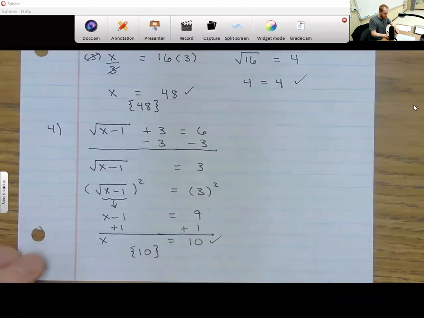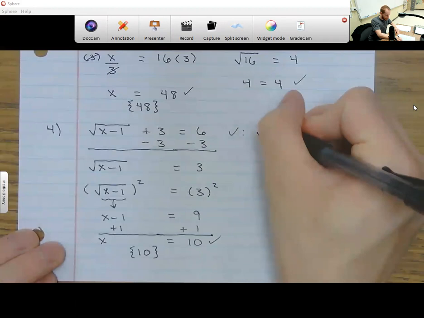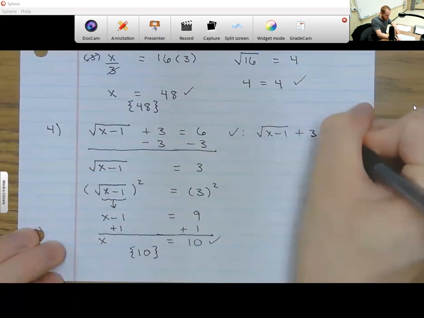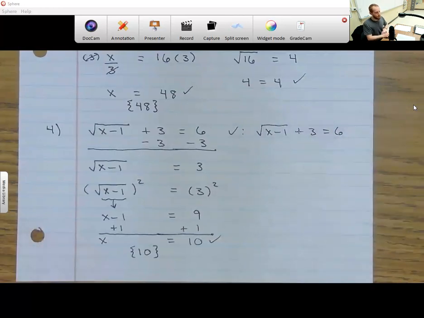All right, let's check it. So over here, I'm going to write down my original equation. Not changing anything. Okay, so I write down my original equation, and wherever I see an x, I'm going to put in 10, because I'm just checking it to see if it works.